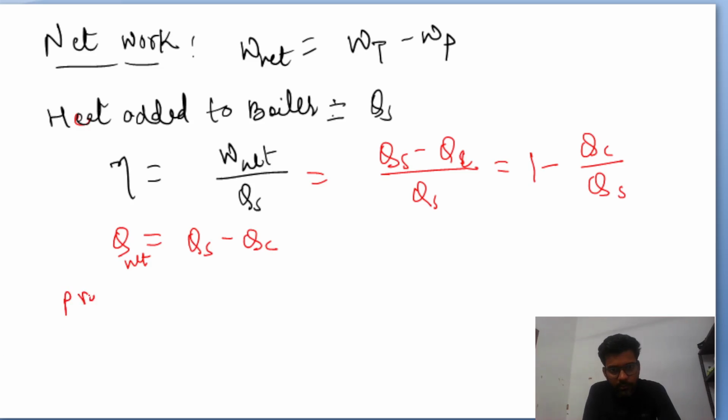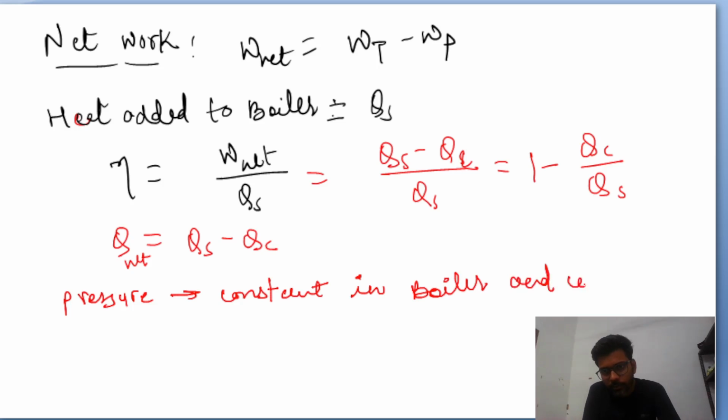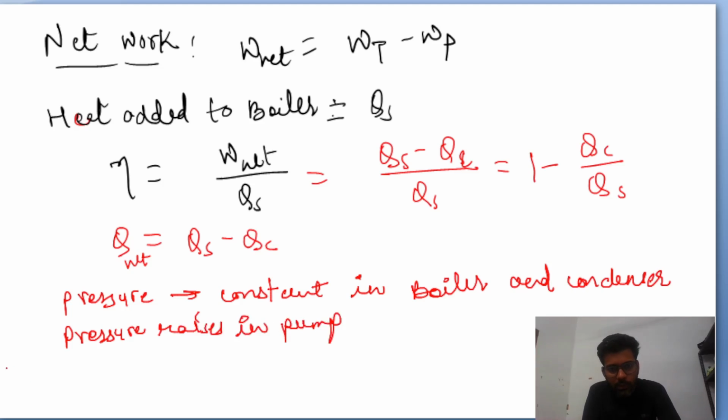So the pressure is constant in boiler and condenser, pressure raises in pump, and pressure decreases in the turbine. So pressure dropped in turbine.